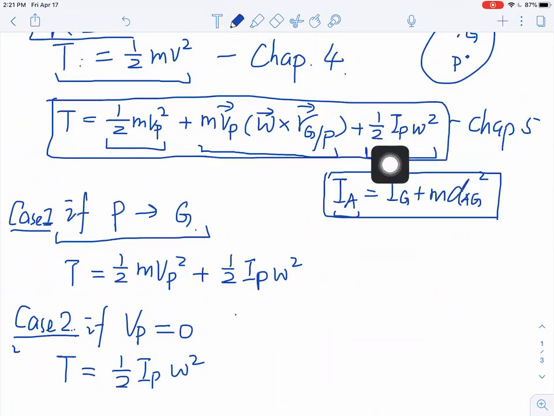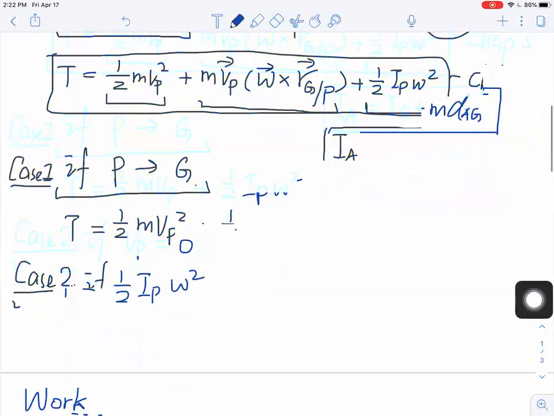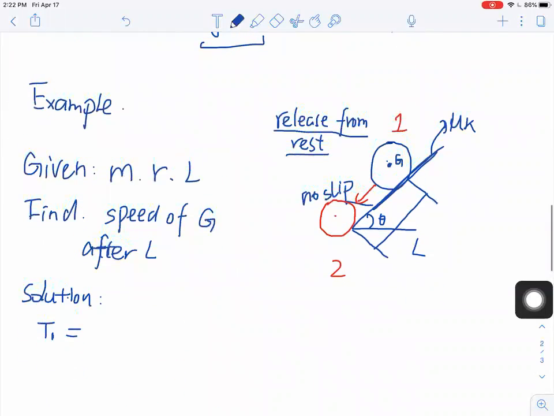This is the full equation, and these are two simplified equations. If we just use case 1, we pick the mass center for our kinetic energy. At position 1, kinetic energy is going to be 1/2 m v_P squared plus 1/2 I_P omega squared. Since the system is released from rest, there's no v_P and there's no omega. Omega is angular speed. Therefore, at position 1, we don't have any kinetic energy.